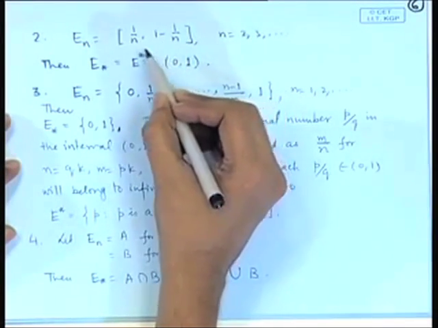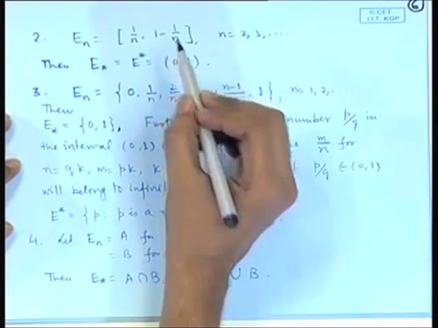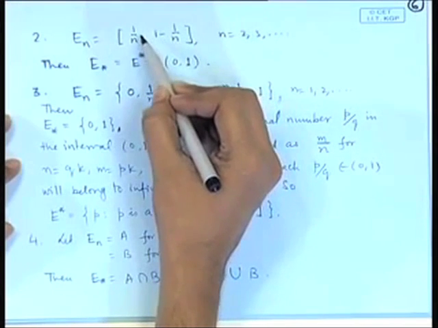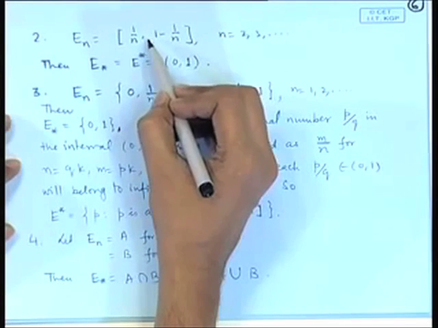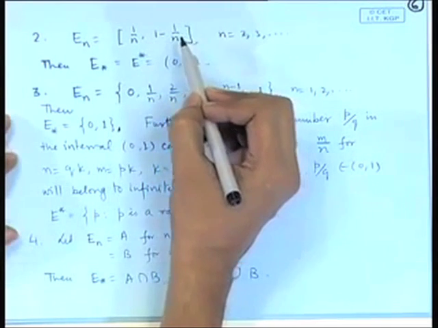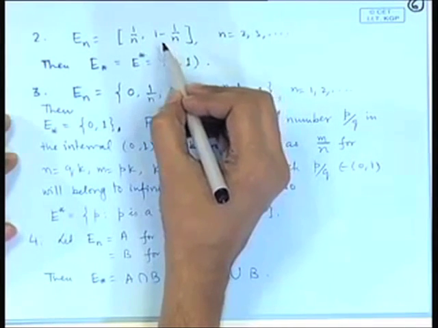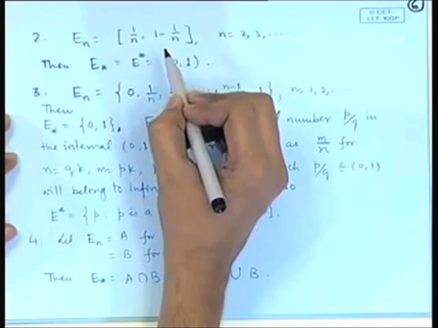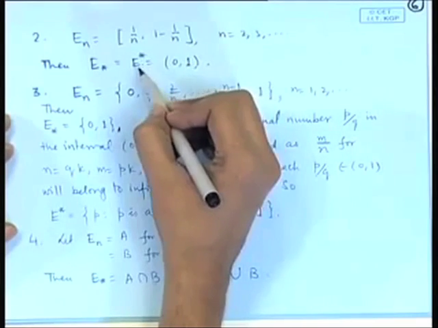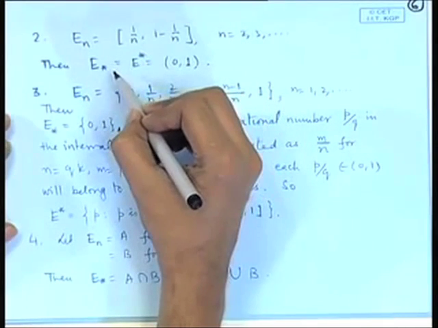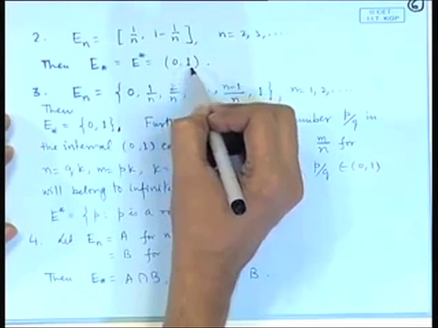Once again, if we utilize the argument as given in example 1, if we consider any element a between 0 and 1, then after a certain stage it will belong to the set En for all n greater than or equal to some capital N. Therefore, once again E lower star, that is the limit infimum of this sequence, will be the interval 0 to 1, and naturally E upper star will also be 0 to 1 because it is a superset of E lower star in general and it cannot go beyond the interval 0 to 1.